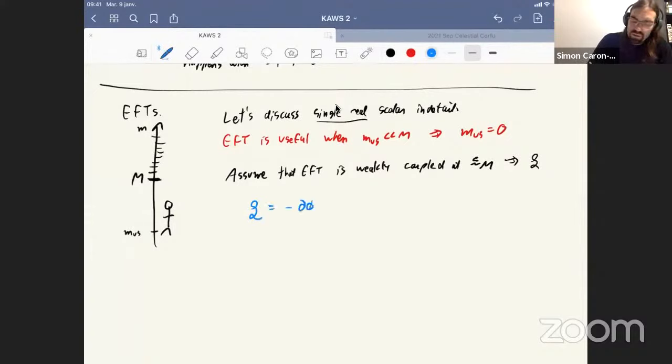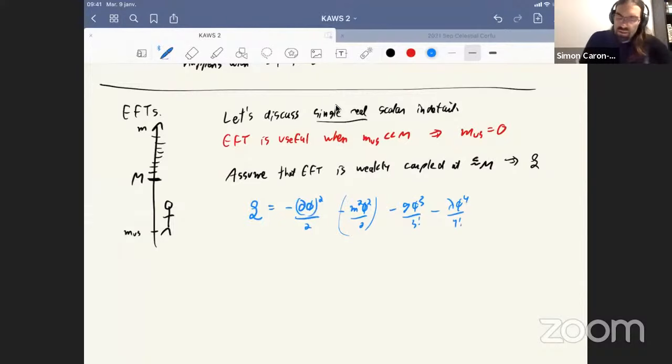So we have something like the usual kinetic term, maybe a mass term, but I told you to neglect it. Could have a cubic coupling. Could be a phi^4 interaction. And then these are the usual relevant interactions in d = 4, for example. And then you have higher derivative terms.